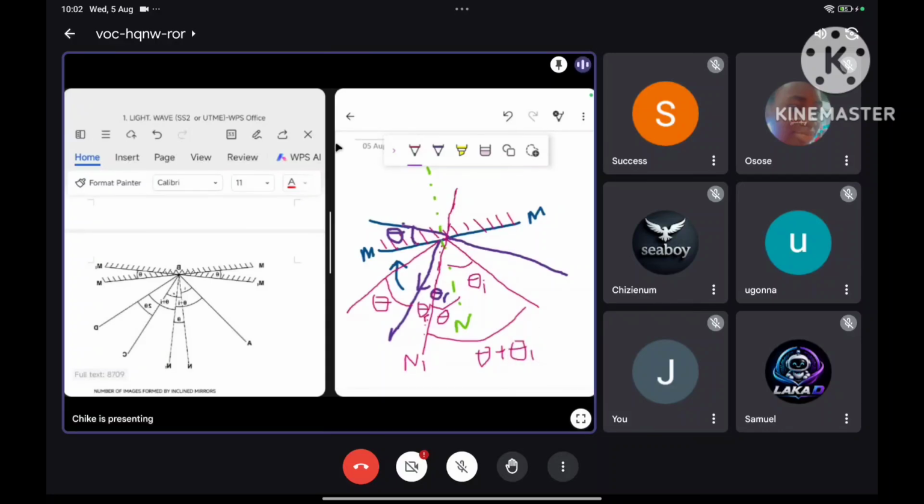And then, according to the law of reflection, the angle of incidence will be equal to the angle of reflection. So that means the angle of reflection also will be theta plus theta I. Therefore, the angular change in a mirror is proportional, because remember what I said?